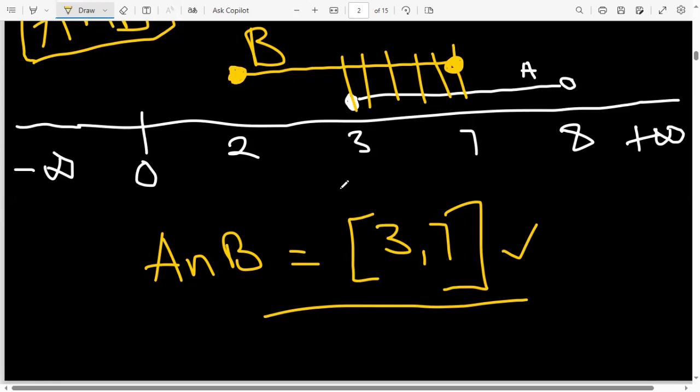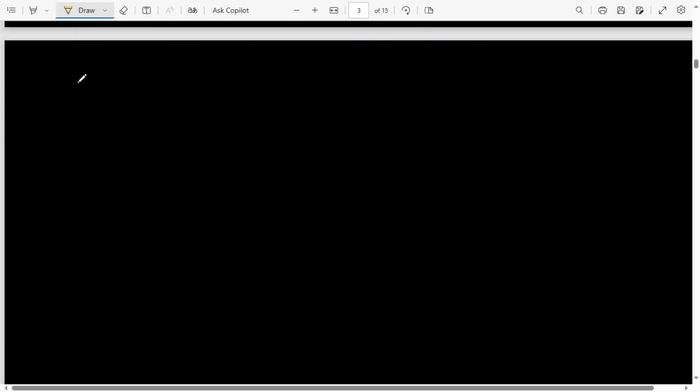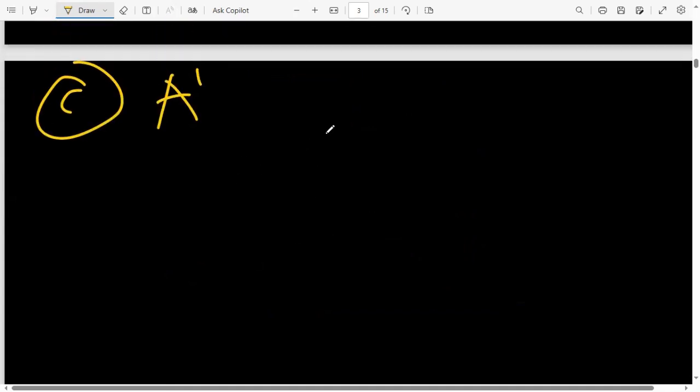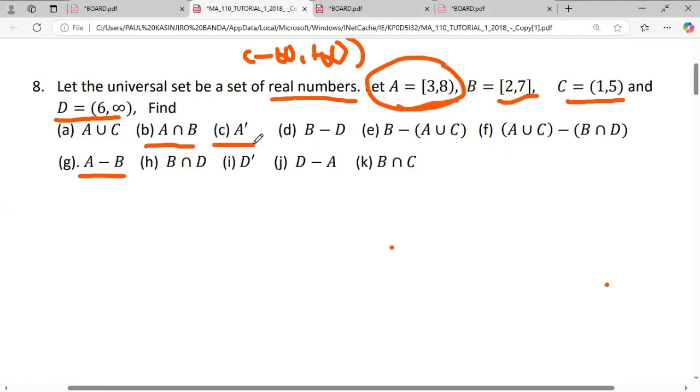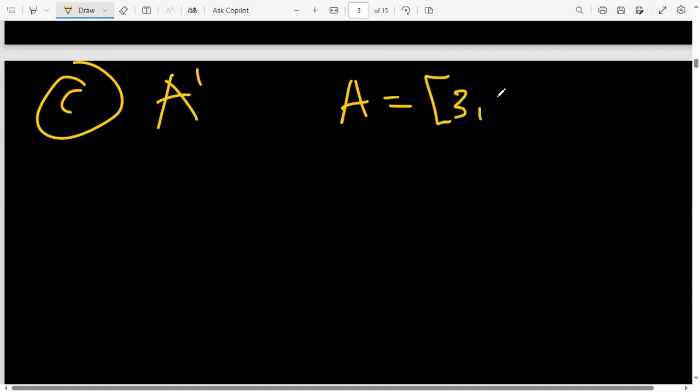Okay, and then the other one is, they said we should, that was C, you find A complement. Okay, so A complement will have 2 parts, one on the right and the other one on the left. So if I write my A here, my A will just be 3 to 8.